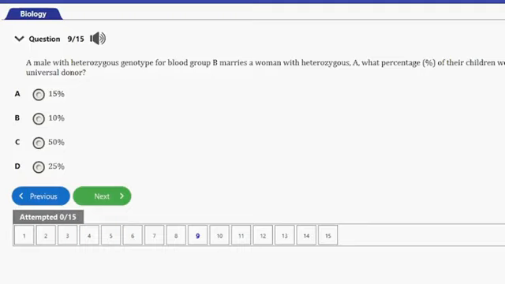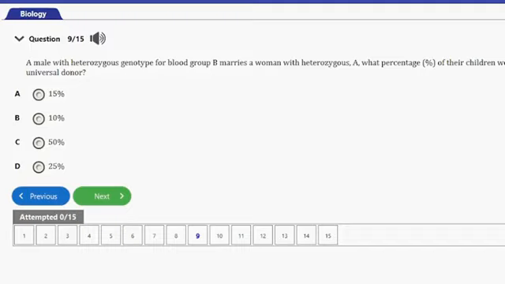So when you do a proper cross between these two, the BO and the AO, you're going to have 1 out of the 4 be homozygous O, and that's the universal donor. So the universal donor is blood group O. So if it's going to be the universal donor, it's going to be that homozygous O.